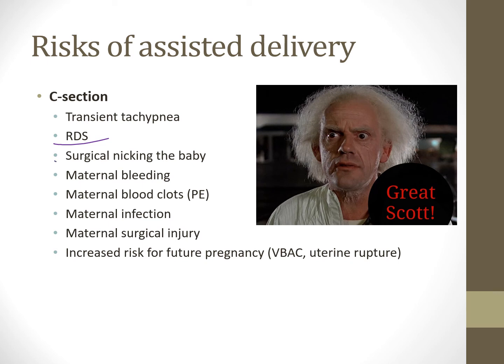Other things, you'll see this every once in a while. The baby can be nicked by the scalpel. So once they get to the uterus, usually they will tear. They'll make a small incision in the uterus and they'll tear the uterus. The idea there is you're making striated edges, right? So if you cut something, it's going to be a smooth cut. But if you tear something, it's going to be a rough, jagged cut. So a rough jagged opening.